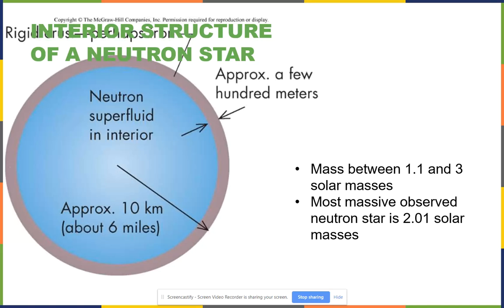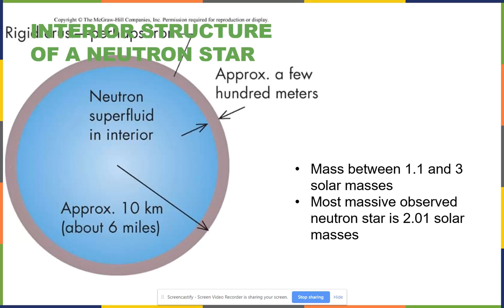So what does a neutron star look like? Approximately 10 kilometers in radius. And the interior, it says, a neutron superfluid. It's really hard to think of something that's as compact as the nucleus of an atom being a fluid, but yet that's what they call it.